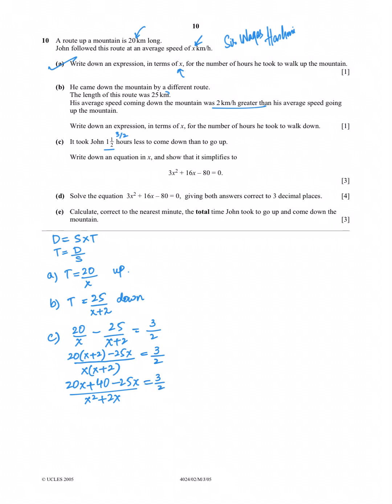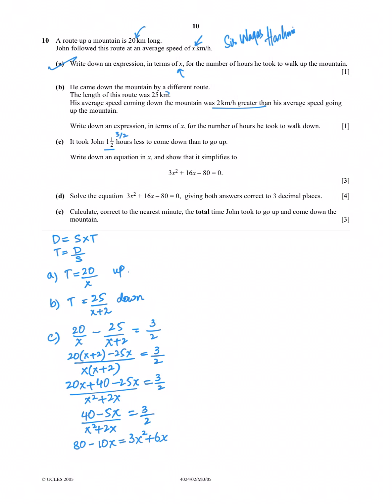So 25 minus 20, it will be 5x plus 50 divided by x square plus 2x equals to 3 divided by 2, and I need to cross multiply here. So 2 times 50, it's 100 plus 2 5s are 10x equals to 3x square plus 6x.